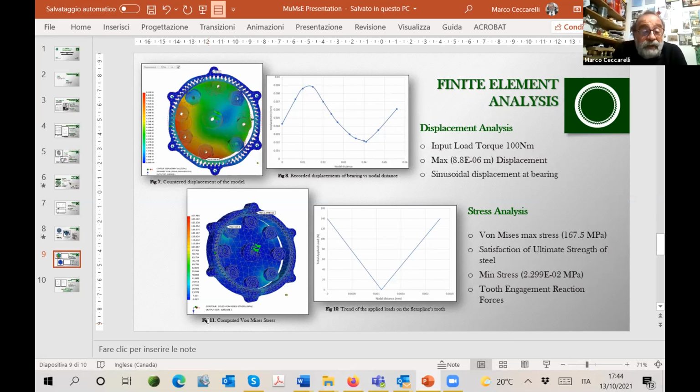So in the result, in real operation, the flexible spline does not look to have a critical issue, although, as I mentioned before, it suffers fatigue because it is cyclically deformed in its elliptical shape during the revolution of the flex spline.